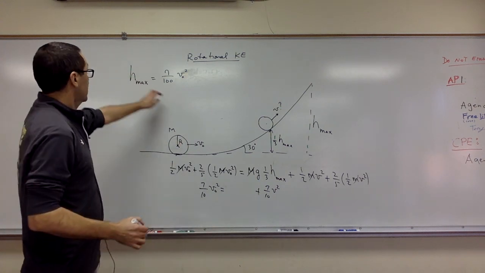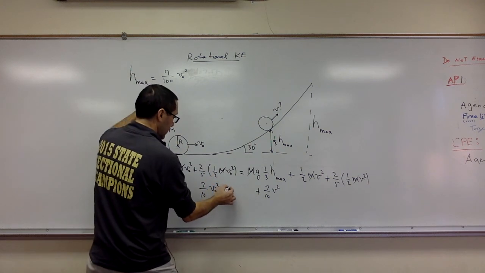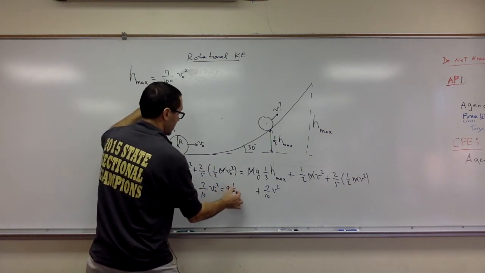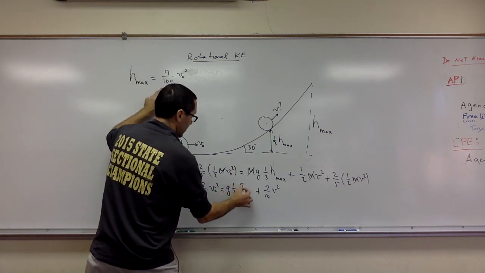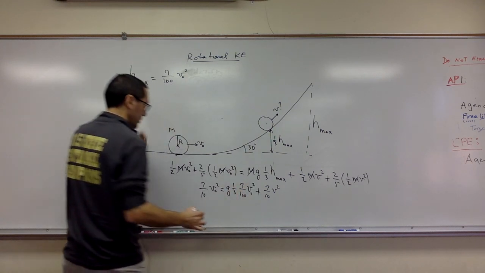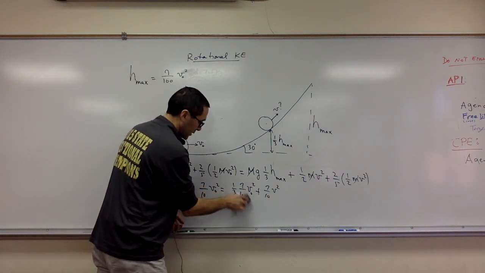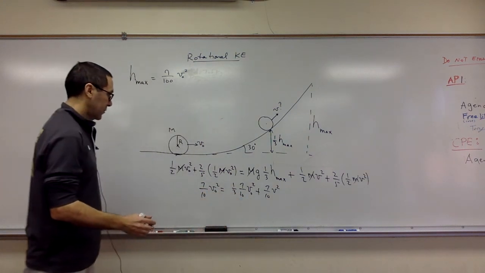And then I'm going to replace this h max here. So it's going to be g times 1/3 times 7/100 v initial squared. So if I make this a 10, I can cross out that 0 from there.